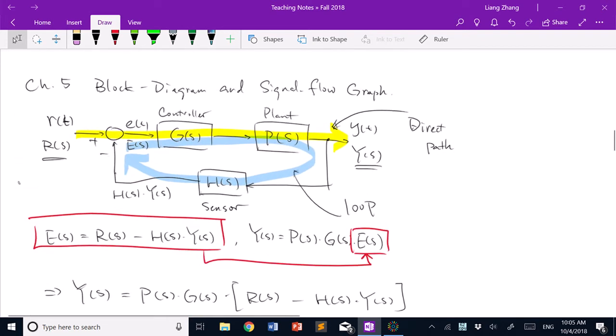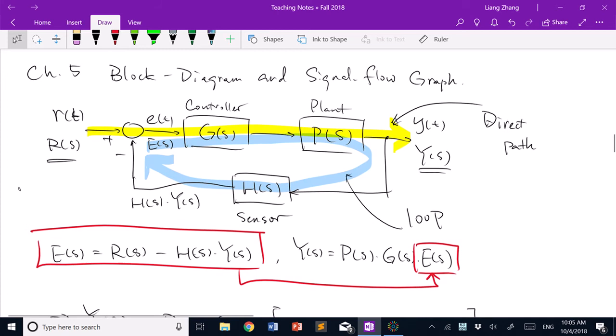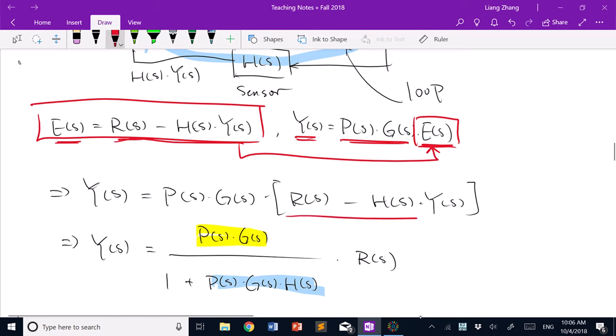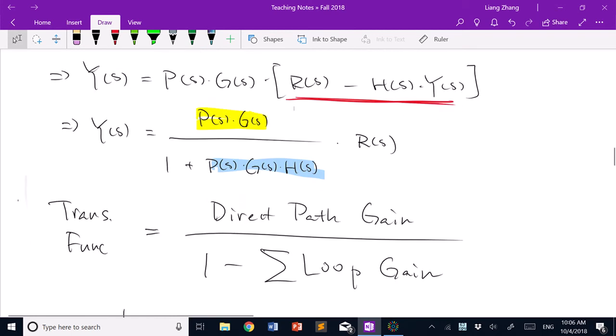In the simple one loop feedback, classical feedback control structure, we define the error signal E of S, how it can be represented by R and Y, and then Y will be equal to the transfer function multiplied by my error signal, and then plug in my error signal right here to eventually find the transfer function.